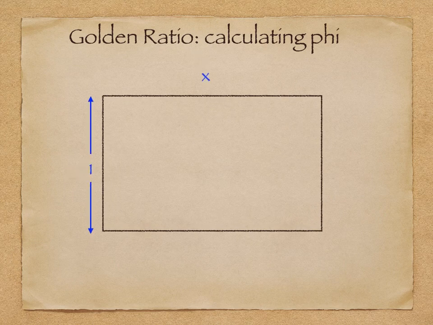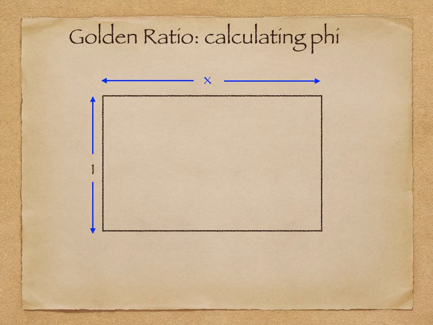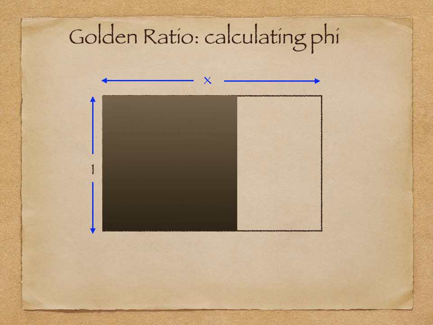To keep things simple, I've called the short side 1 and the long side x. I've already mentioned the special property of the golden rectangle, which is that if you cut off a square from one end, you're left with another golden rectangle. So let me now mark in the lengths of the sides of this smaller, unshaded rectangle.